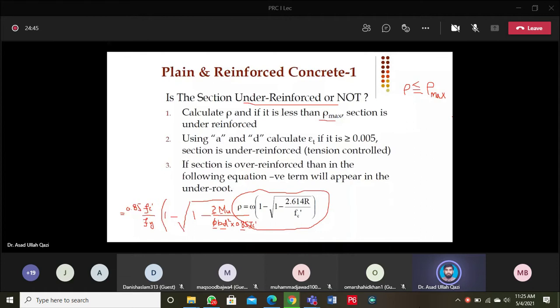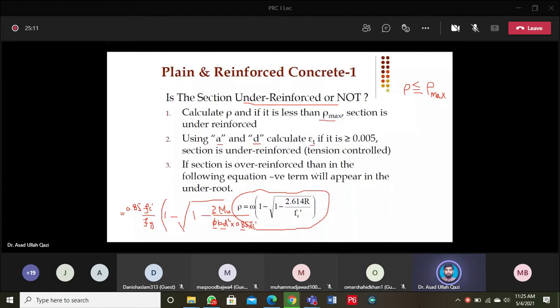So if rho in the cross section is equal to or less than rho max, it is information that the section is tension controlled, and moreover, using a and d, calculate the strain in the steel bars.